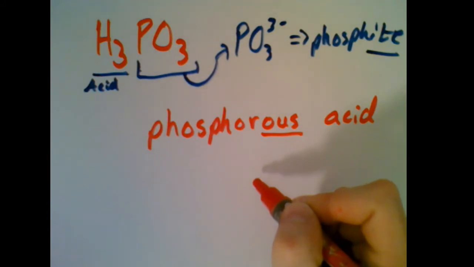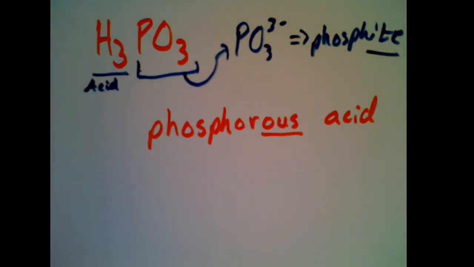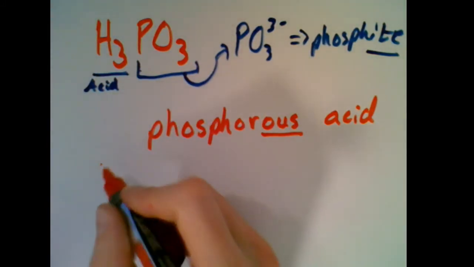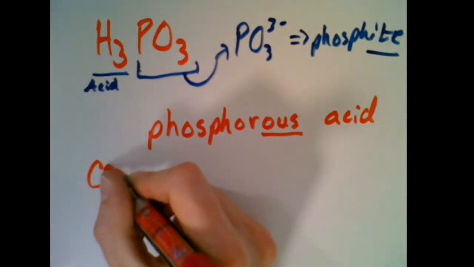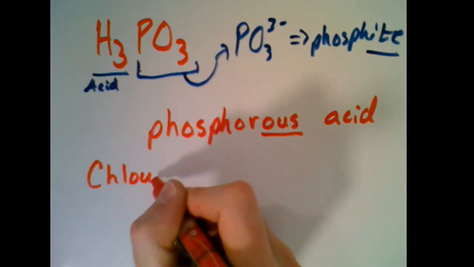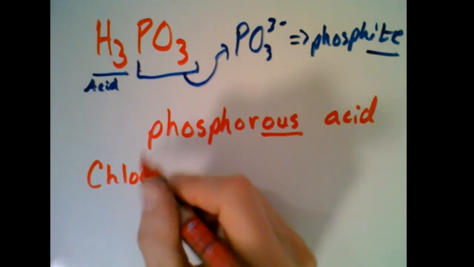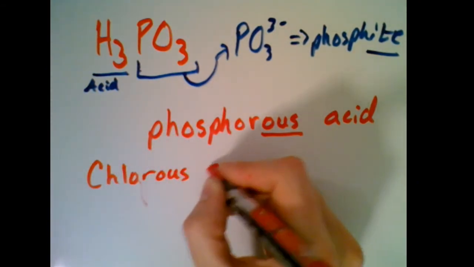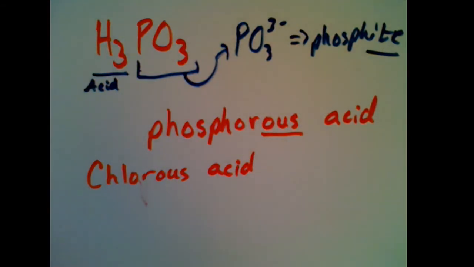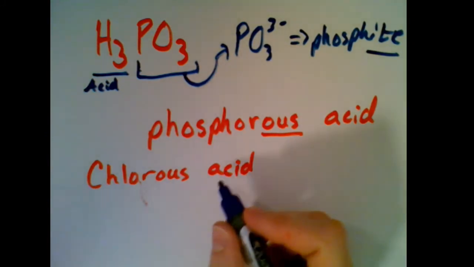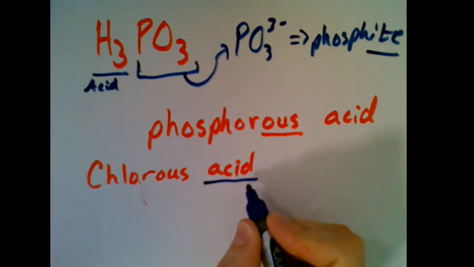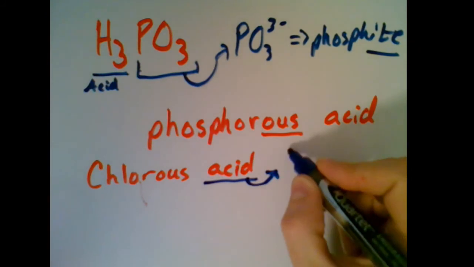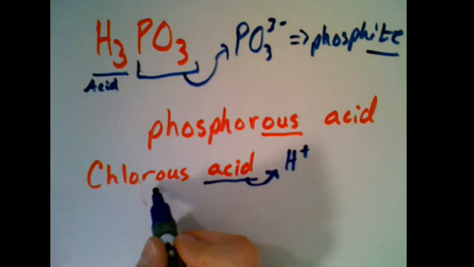Okay, let's think about another example. What we're going to do is write the formula for chlorous acid. I know this may seem redundant because I've done it, but when you're naming things and they're all jumbled, it's important to recognize these little clues. So acid, H in front.